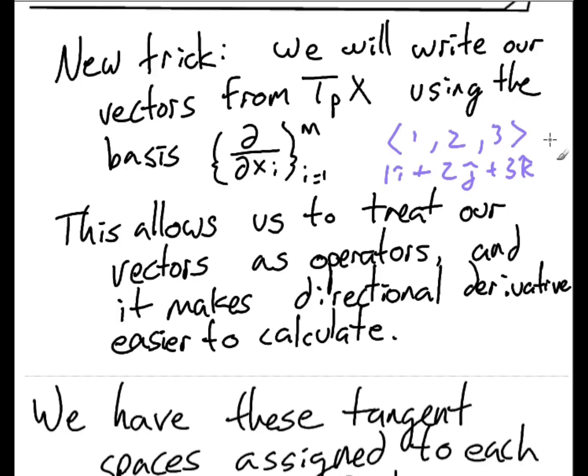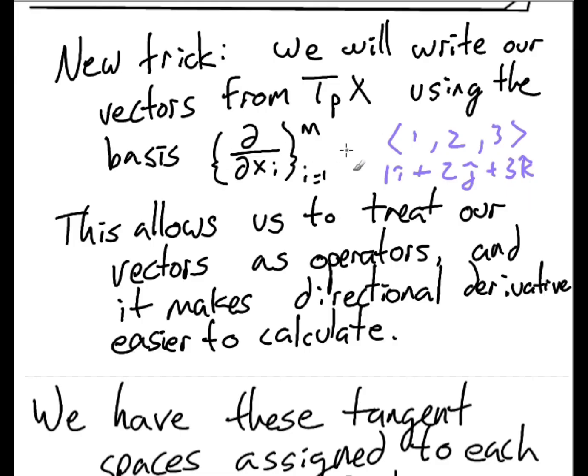And so that tells us where this vector is pointing. Another way that we can see it is with basis vectors like i, j, k in a physics context. These are the basis vectors for a 3-dimensional space, and the coefficients tell us the coordinates. Those are the coordinates for this vector space.